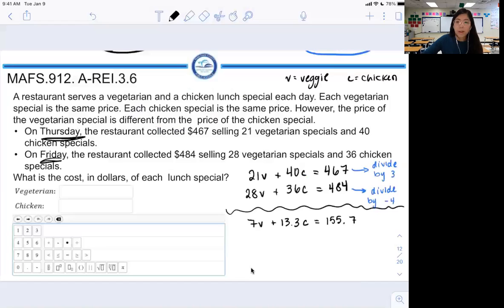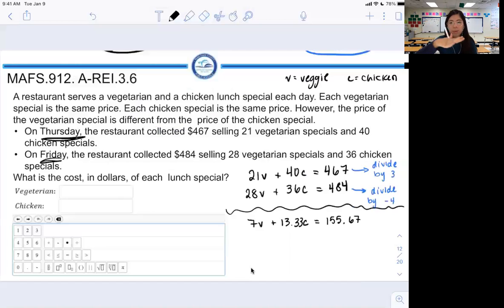Let's round to the nearest hundredth place, because since we're talking about money, we always want things to have 2 decimal places. So 40 divided by 3 is 13.33, and 467 divided by 3 is 155.666667. So I'm going to round this up to 155.67. All right, so that's my top equation.